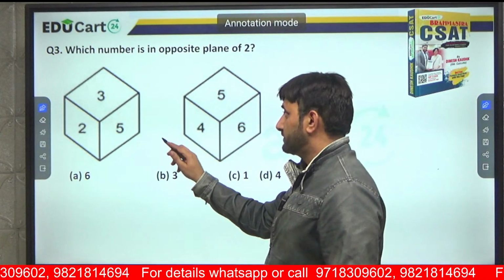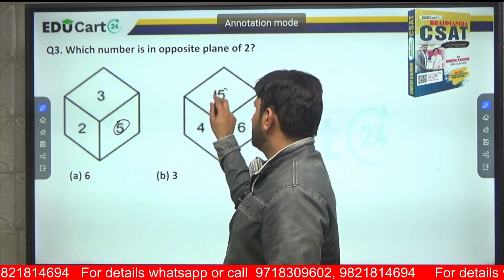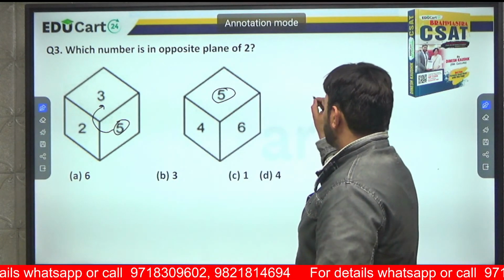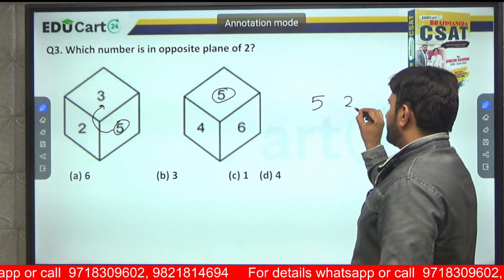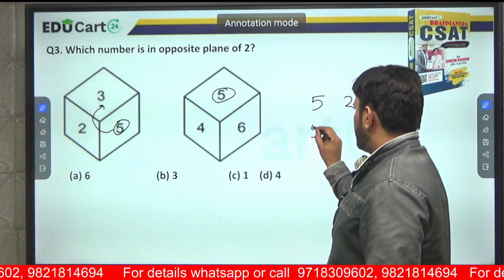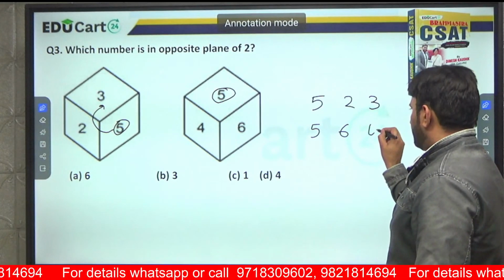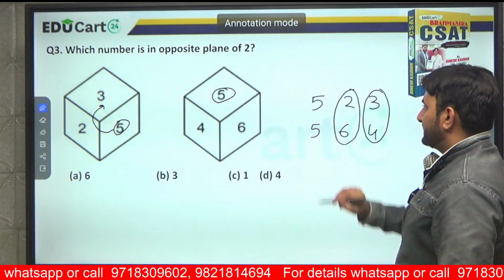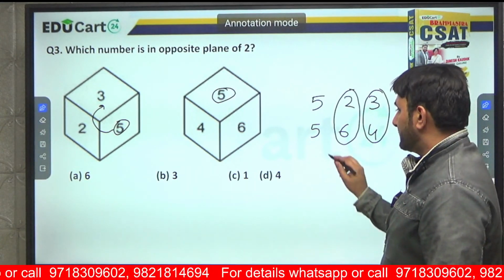Starting from the common number, write in the clockwise order 5, 3, and here it will be 5, 6, 4. So we can say that 3 and 4 are on the opposite side, 2 and 6 on the opposite side. What is the missing number? 1.